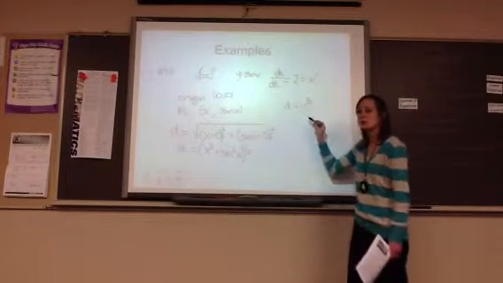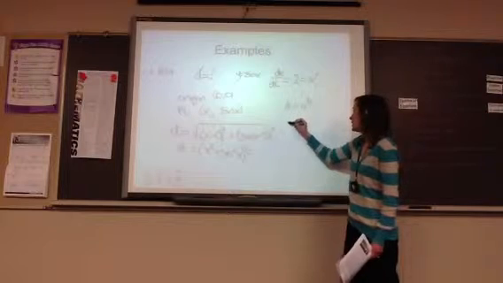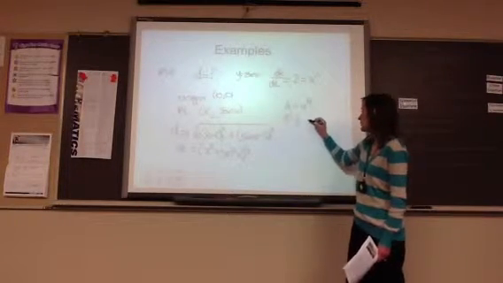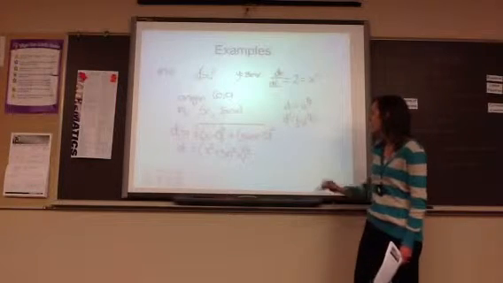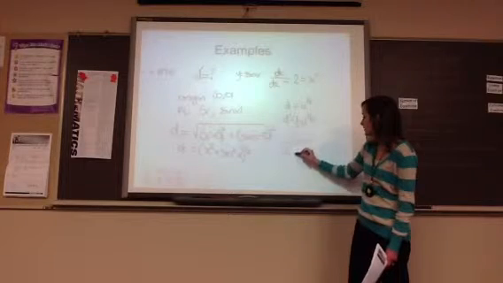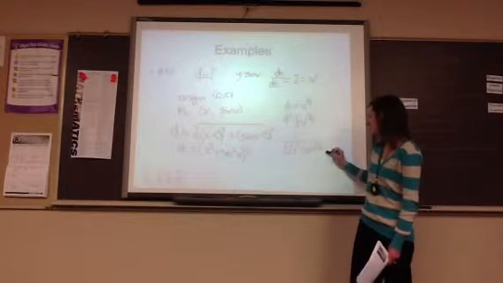Okay, so derivative of d is 1/2 u to the negative half. So we got 1 over 2, and our u is x squared plus sine squared x, to the half.